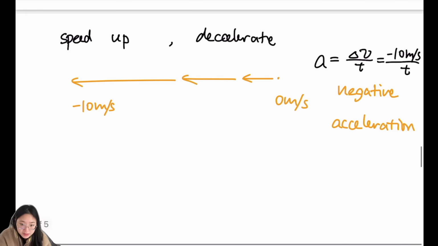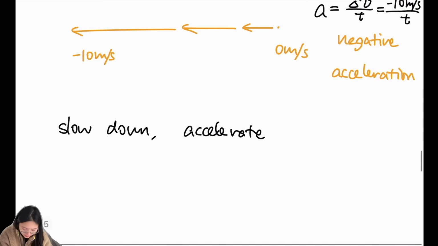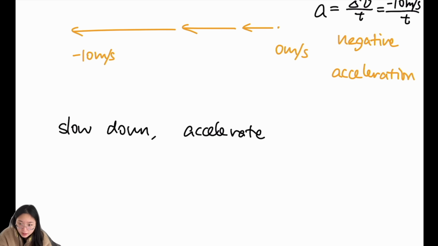Or an object might be slowing down but accelerating. This usually occurs when an object is moving in the negative direction. Again, it's moving in the negative direction and its speed is gradually decreasing, and then finally it comes to a stop.